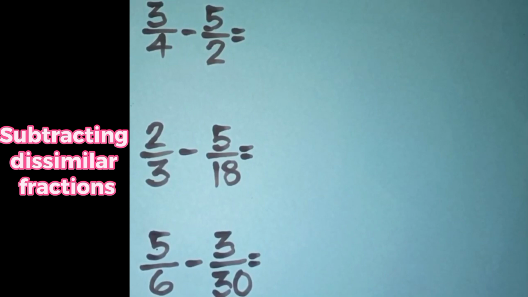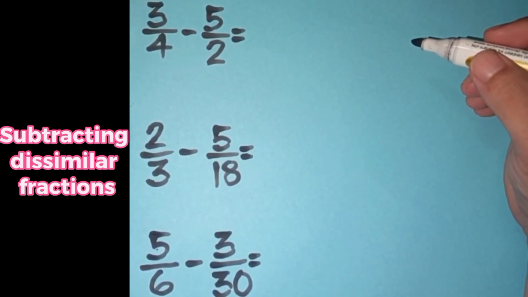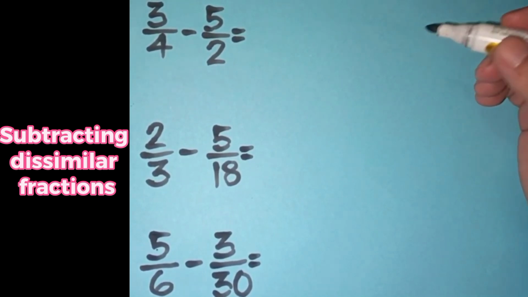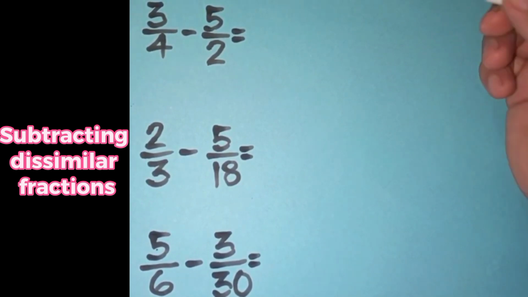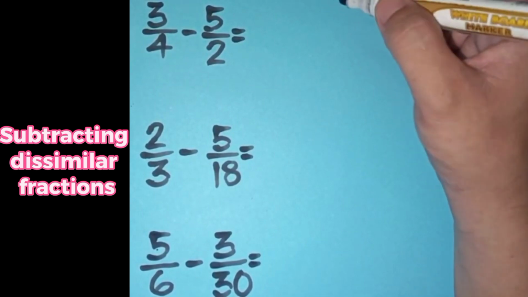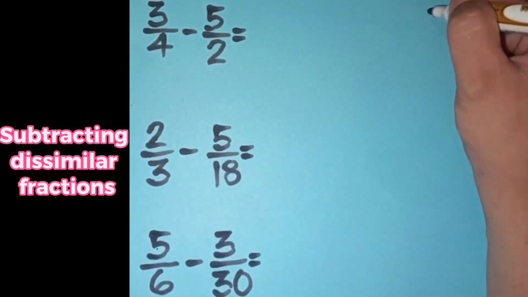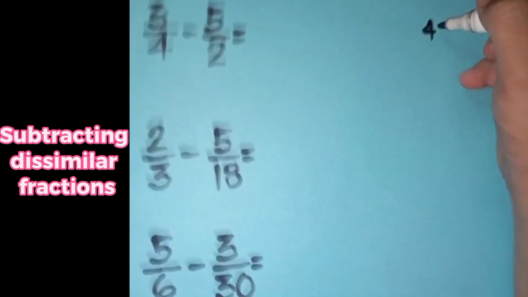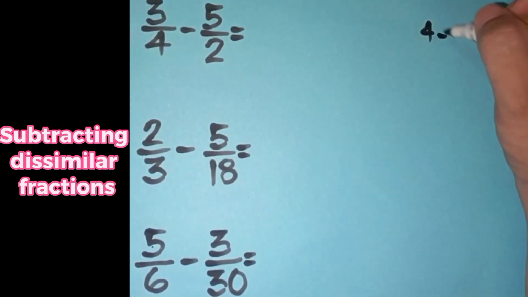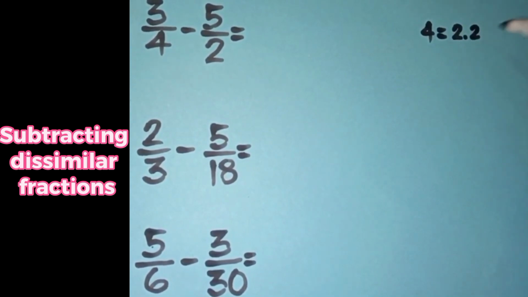We have to subtract fractions which are dissimilar. Dissimilar fractions are fractions that do not have the same denominators. So number 1, we have 3/4 minus 5/2. First we have to find the LCD between 4 and 2. The factors of 4 would be 2 times 2.